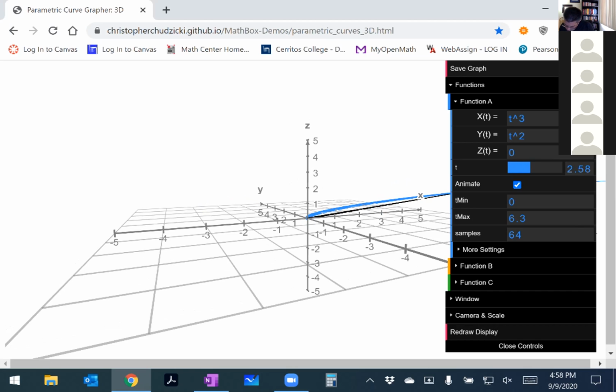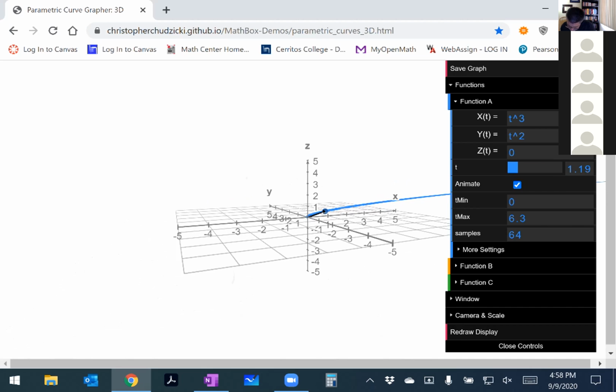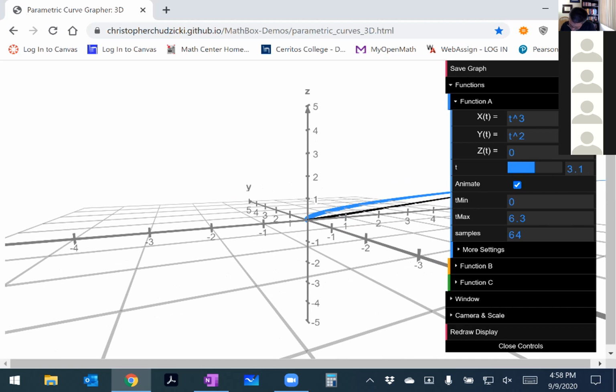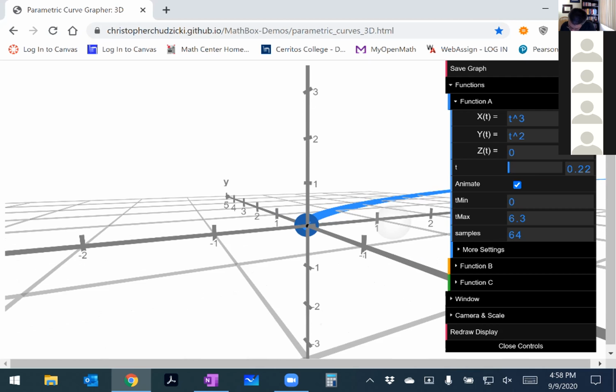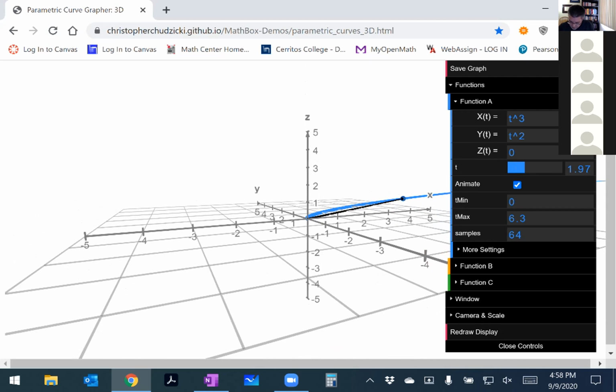Okay, where's x and y? Let me use the mouse.